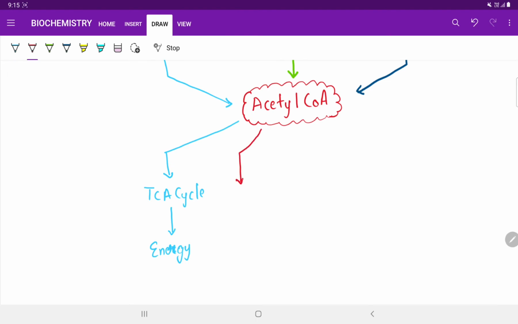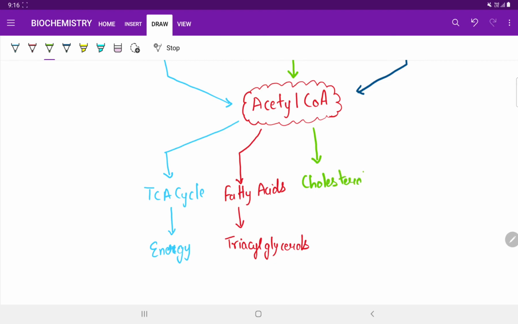Then the synthesis of fatty acids, to form triacylglycerols. Then the synthesis of cholesterol, which further leads to synthesis of vitamin D and steroid hormones.